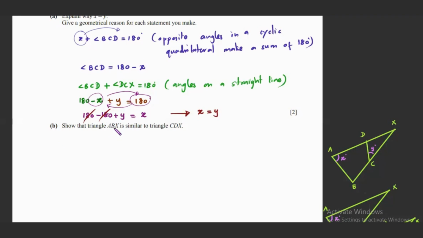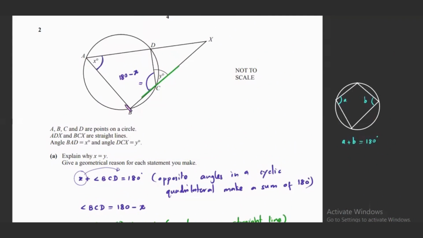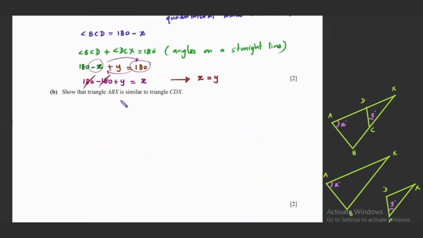Show that triangle ABX is similar to triangle CDX. So, in the diagram, ABX is the larger triangle and CDX is the smaller triangle, and we need to show that the two triangles are similar.